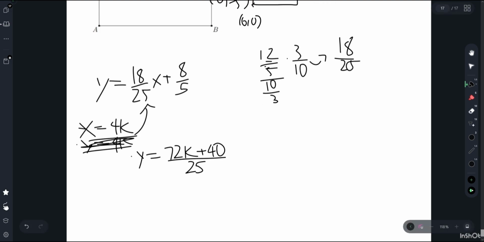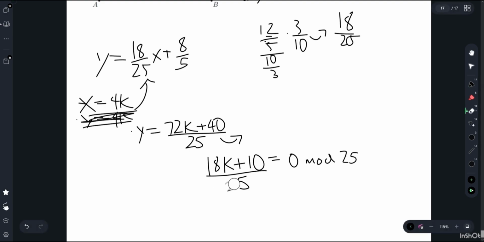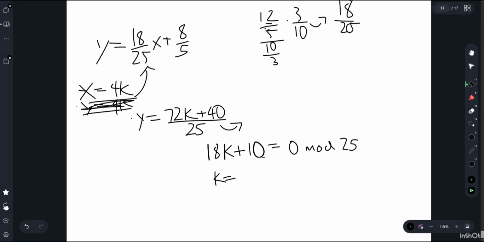Since this has to be divisible by 4, we have that 18k plus 10 all over 25, so 18k plus 10 is equal to 0 mod 25. Okay, so from this we get that k is equal to 5 mod 25.